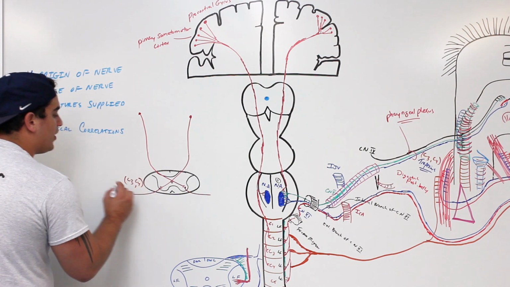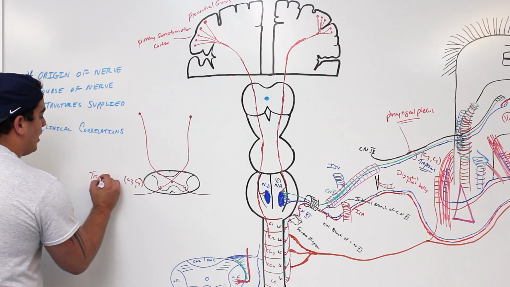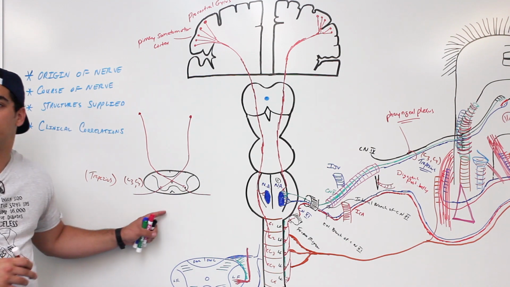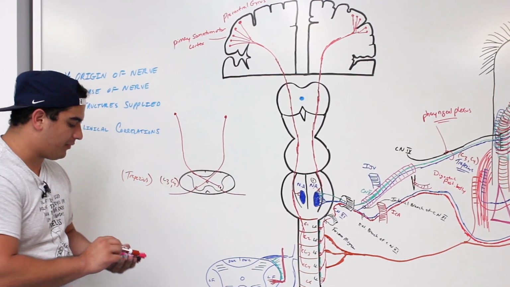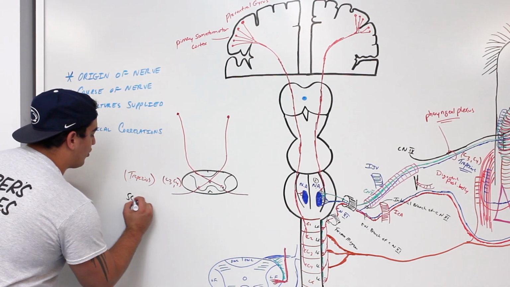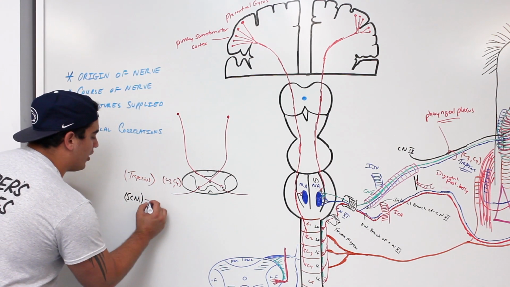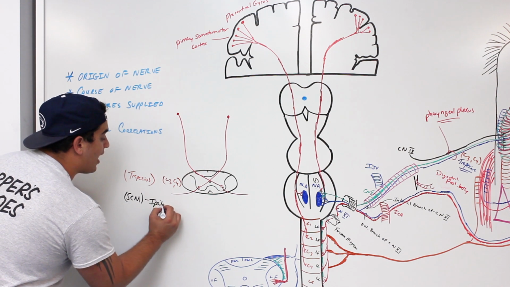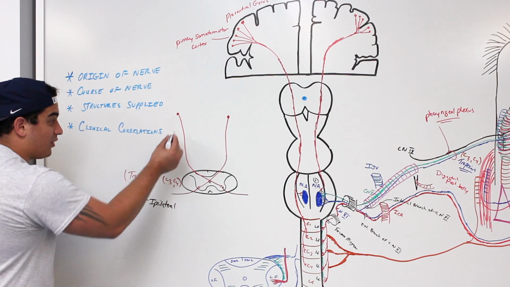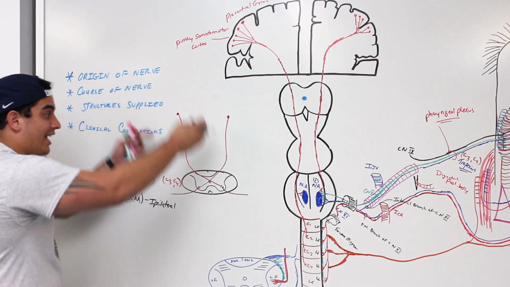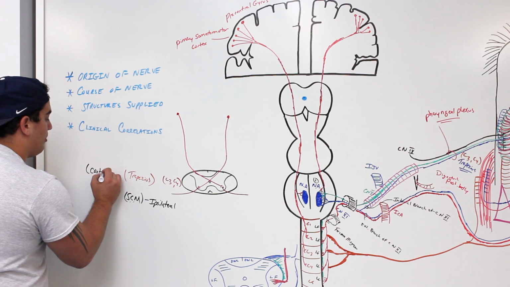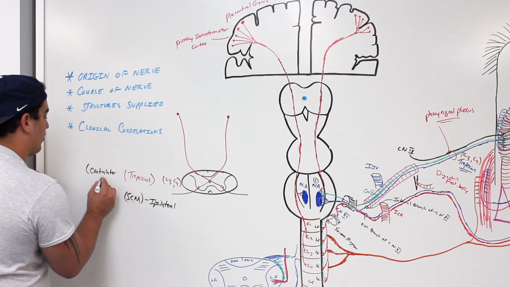So within the C3 and C4 region, the ones that are going to the trapezius, most of the fibers are going to be contralateral. However, the ones going to the sternocleidomastoid are very, very weird, and these fibers are not going to cross. They are going to be ipsilateral. So for the sternocleidomastoid, those fibers don't really cross. They remain ipsilateral. But for the trapezius, most of the fibers cross, and they are going to be contralateral.